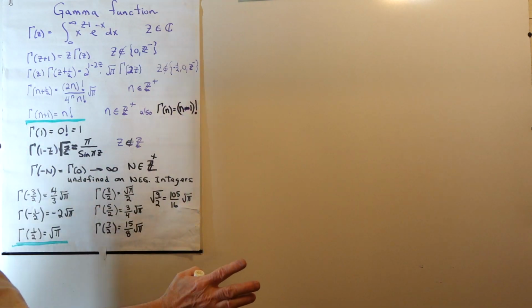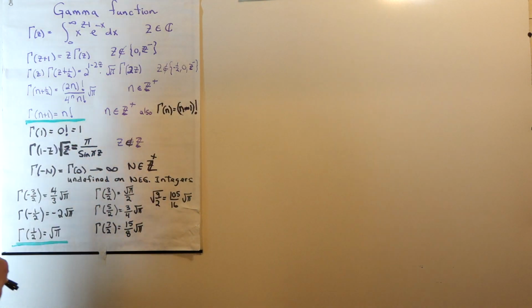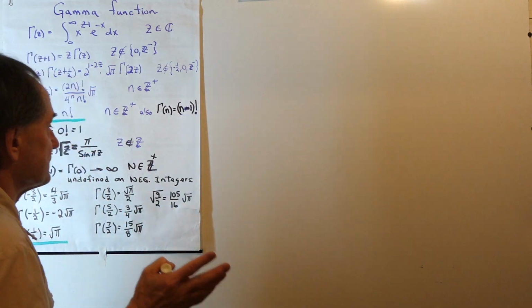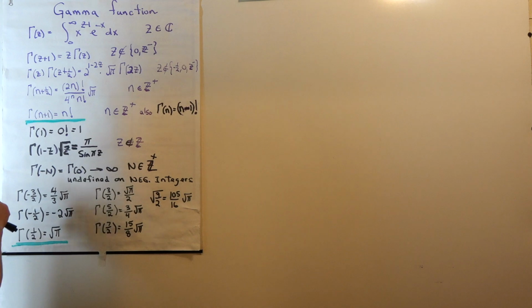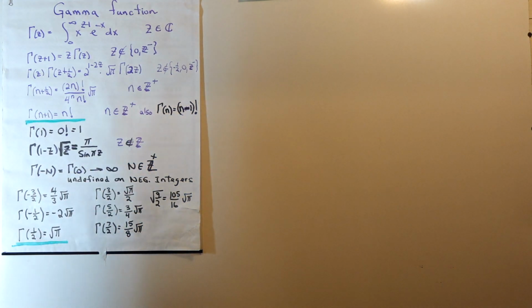The gamma function blows up. But for any negative value between the negative integers, it's just fine. It just blows up on the negative integers and 0. So you have to be careful about that.